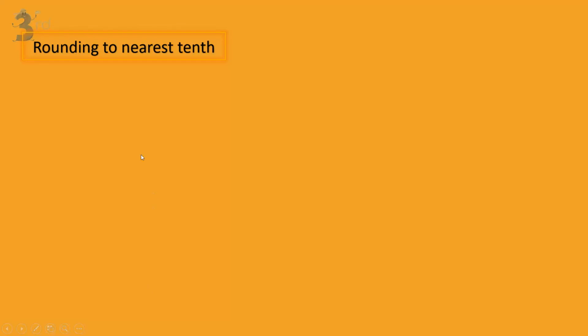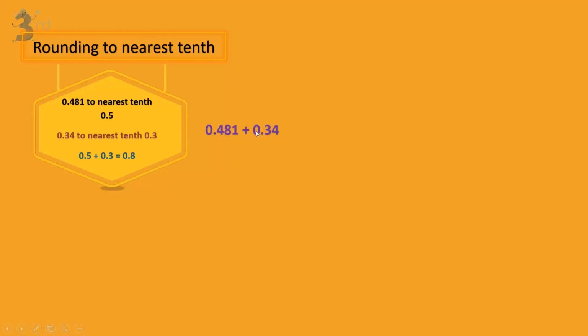Third strategy, rounding to nearest tenth. If we have 0.481 plus 0.34: 0.481 to nearest tenth, the tenths digit is 4 and 8 is more than 5, so we will increase 4, it will be 0.5. And 0.34 to the nearest tenth will be 0.3 because 4 is less than 5.